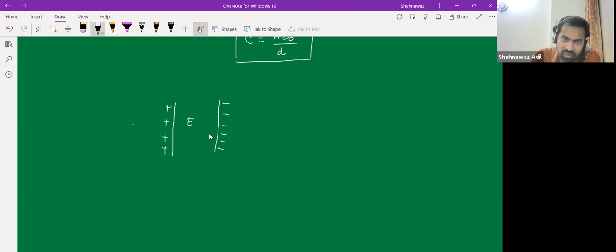We calculated the capacitance of this parallel plate capacitor, and there was nothing inside this capacitor, right? So the medium was air between these plates. But what we do in the next part is we put some dielectric between these plates.